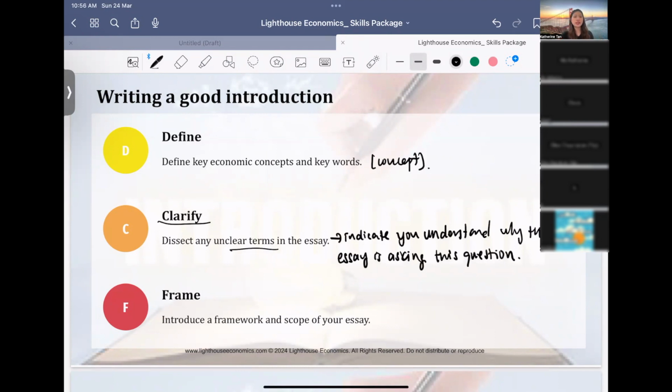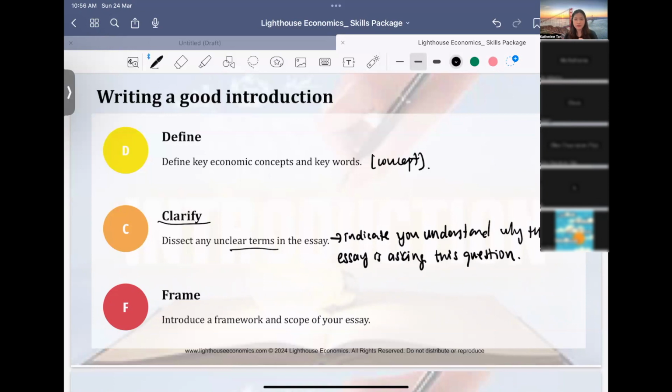Let me think of a question offhand. Discuss whether low and stable inflation or high economic growth is more important as a macroeconomic policy, something like that.